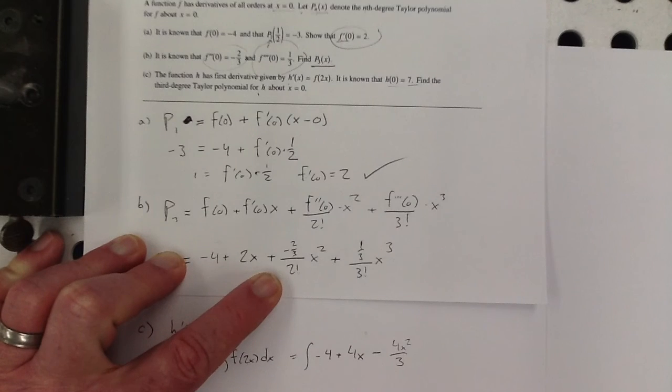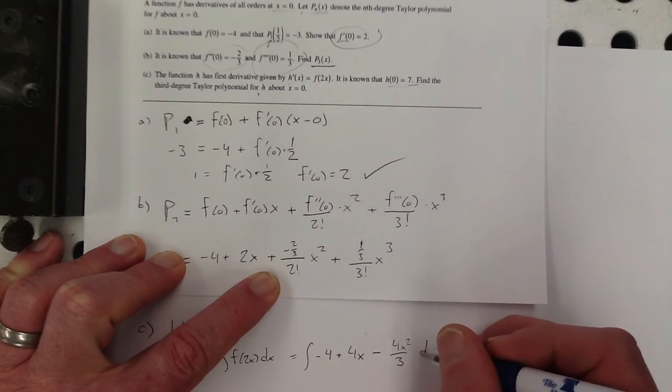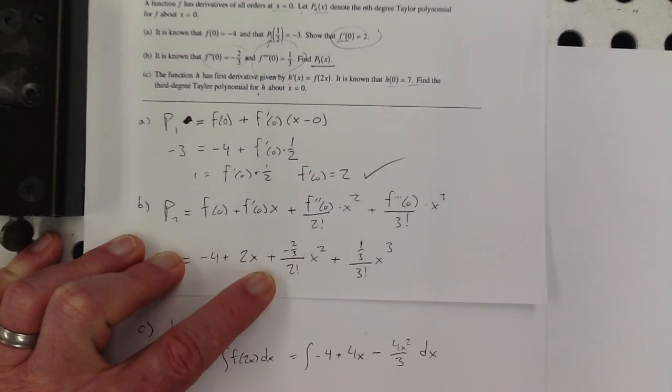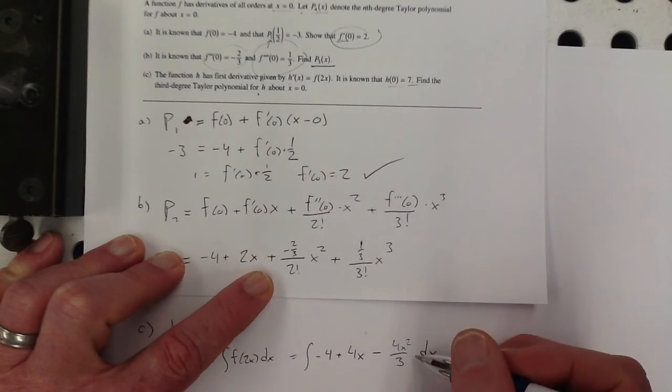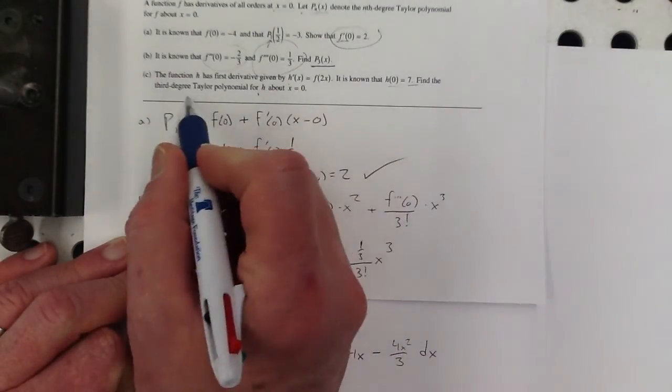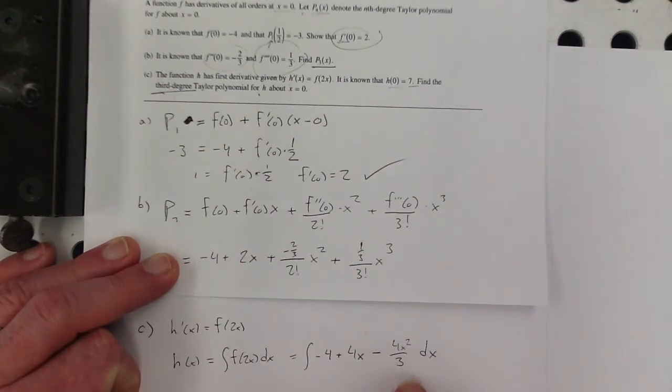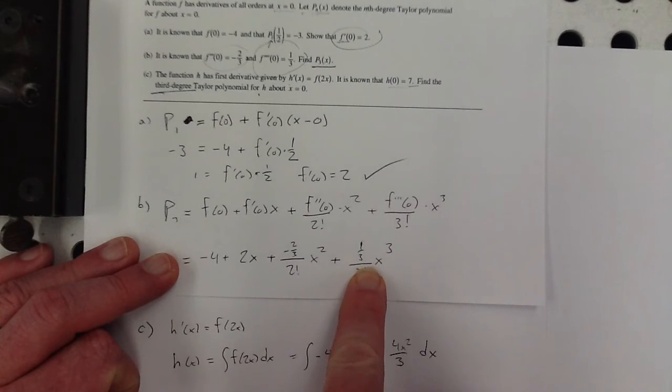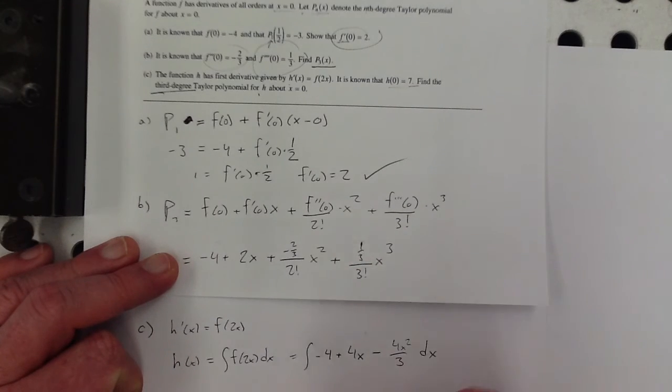I think that that's right. Yeah. I like that. Apologies if I made any mistakes with the algebra. Why did I stop there and not go for this one? Because I'm taking the antiderivative of this, and they wanted the third degree Taylor polynomial, so that's going to get me the third degree, right? I don't actually have to deal with this one. That would get me up to fourth degree.